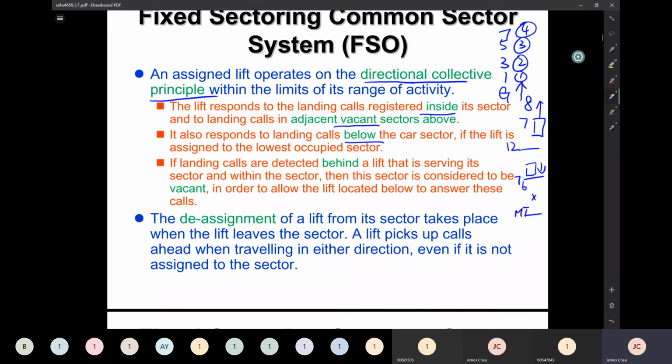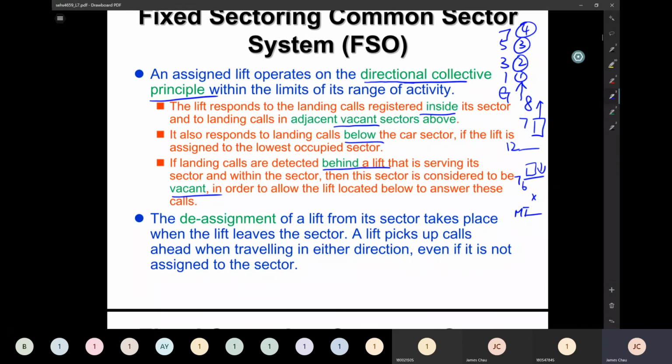Now the third mechanism: if a landing call is detected behind a leaf, so that the leaf has just passed when the passenger presses the call button, we consider this call vacant because the leaf has just passed the floor, and this call cannot be served.